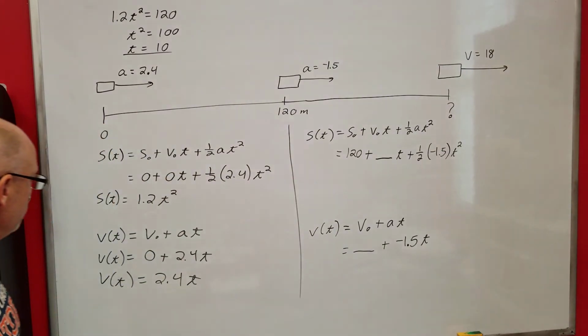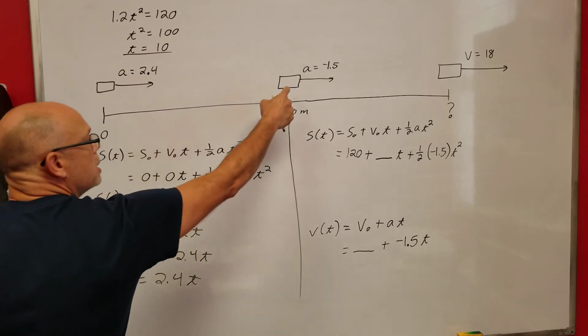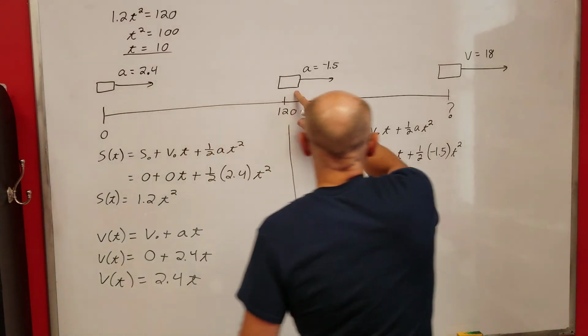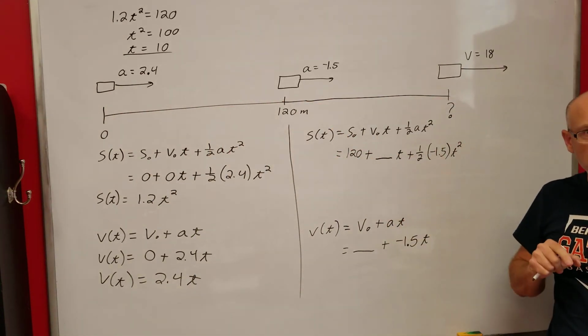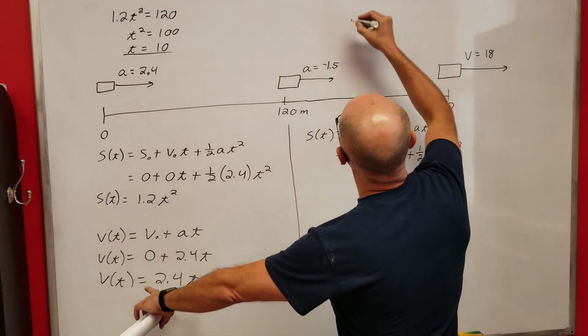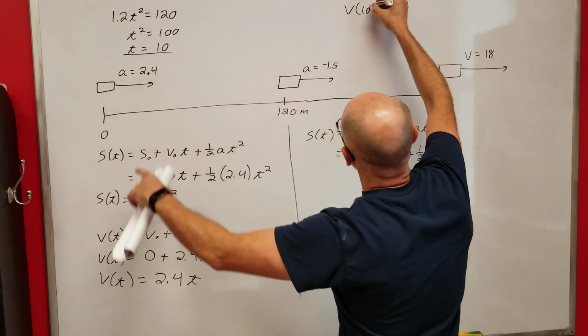So let me see. Couldn't I take the 10 seconds and plug it into my velocity function right here? And that'll give me the velocity when I'm right here. If I have the velocity when I'm right here, I have the initial velocity then, right? So let's take this original velocity function and evaluate it at 10 seconds, okay?